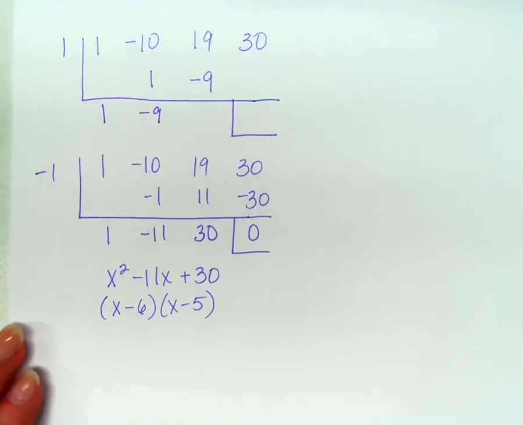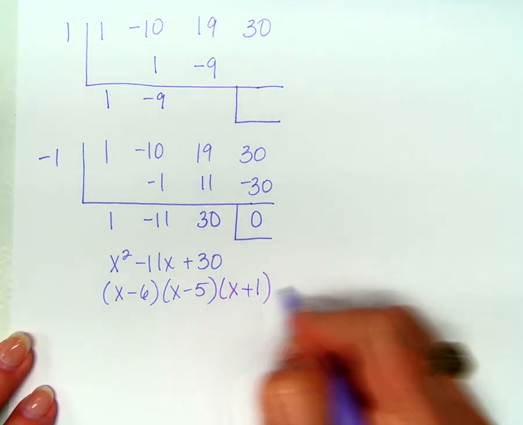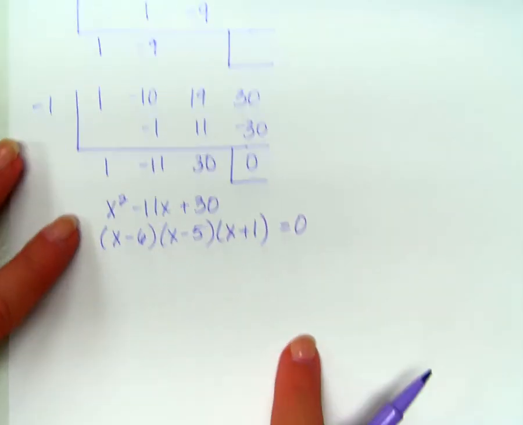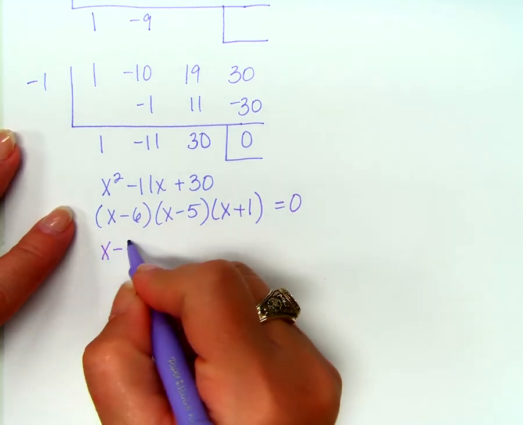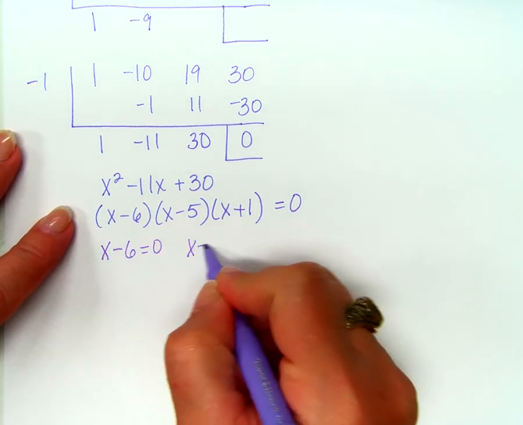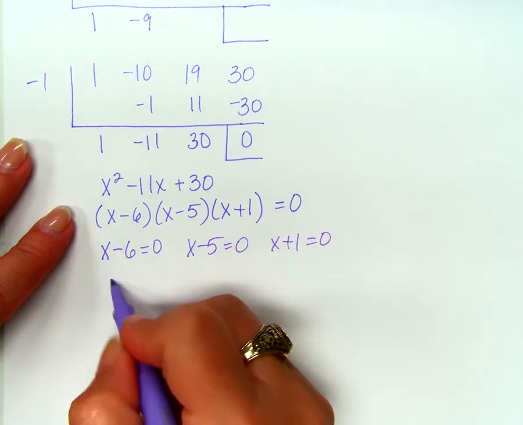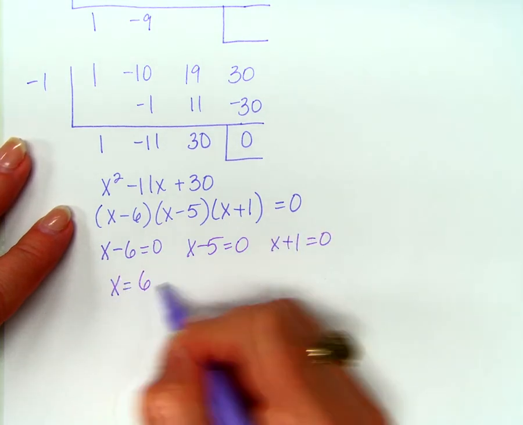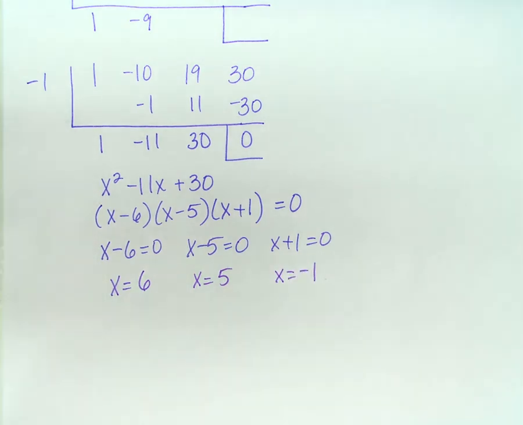So what is my other factor? X plus 1. Very good. And if these are my factors, how do I go about finding my solution? Set them to 0, each one of them. So x equals 6, 5. Very good.